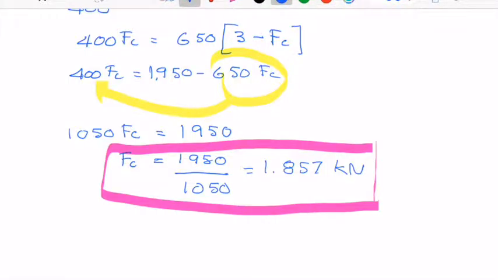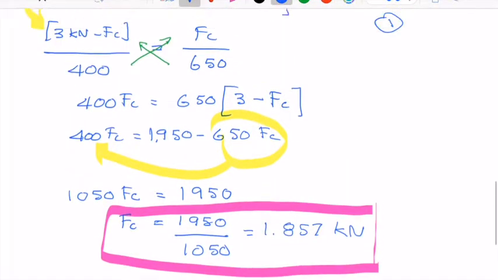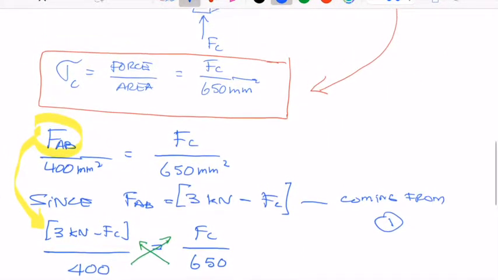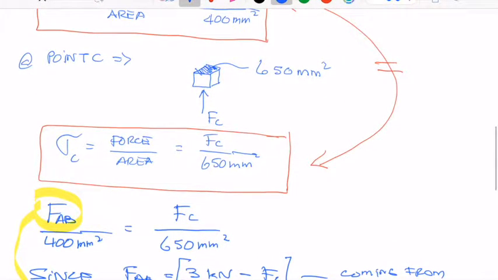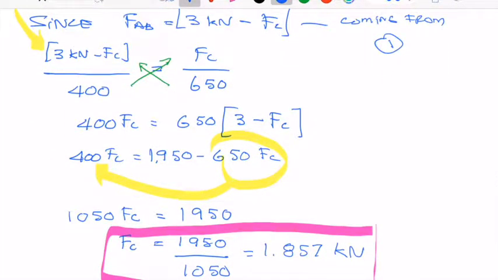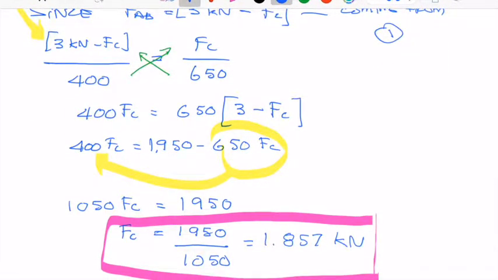From here, I will go ahead and solve for FB, since my FAB is, where's my FAB? Oh, okay. My FAB is 3 kilonewton minus my FC.